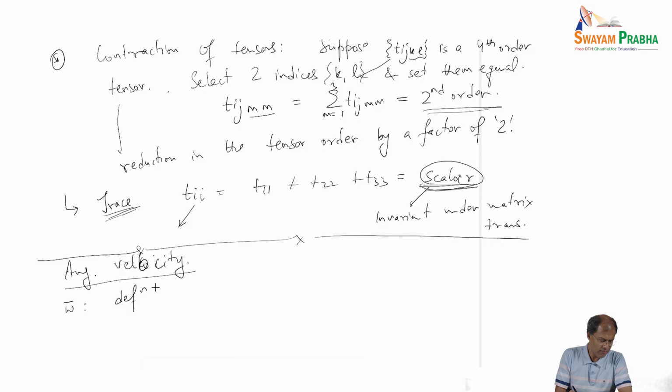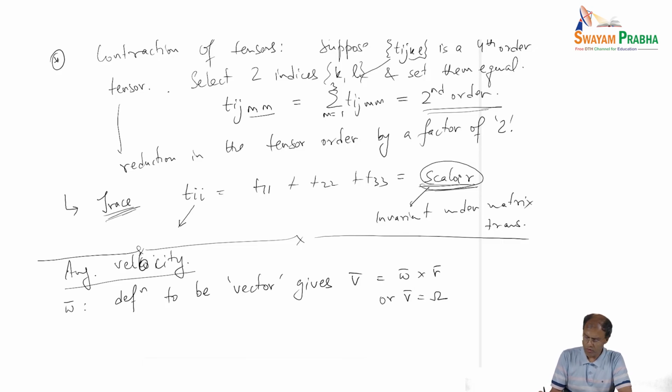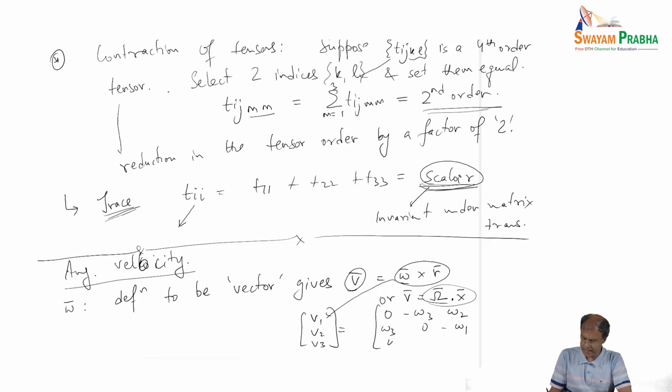The angular velocity omega is defined to be a vector that gives V equals omega cross R. If we rewrite this in the tensor form, our translational velocity is omega cross R in the cross product notation, and the components v1, v2, v3 are given by the matrix with rows 0, minus omega 3, omega 2; omega 3, 0, minus omega 1; minus omega 2, omega 1, 0, multiplying x1, x2, x3.